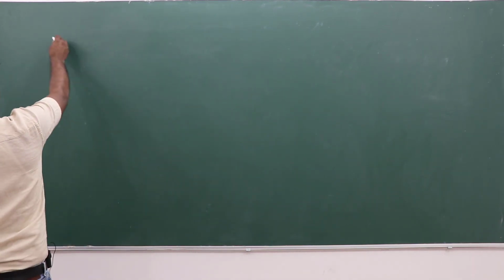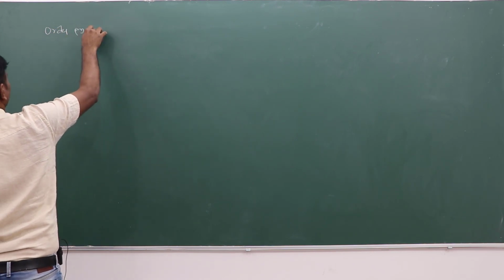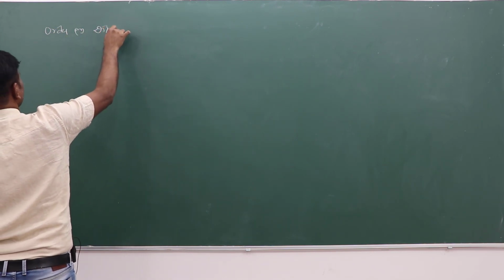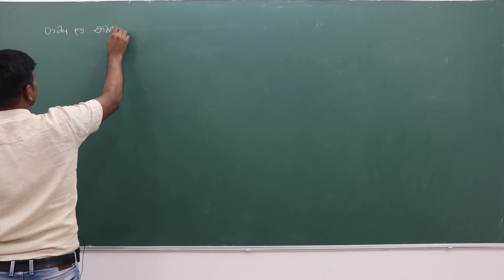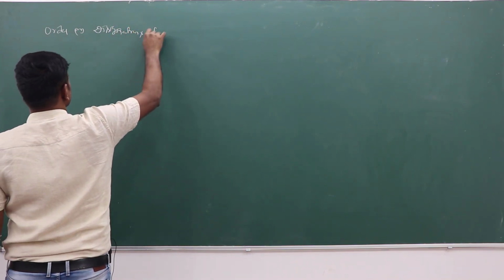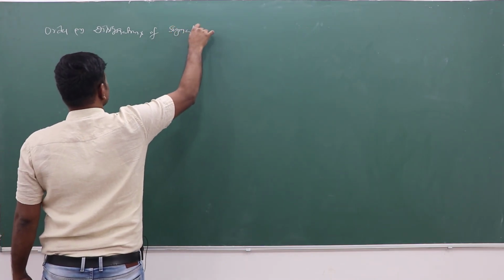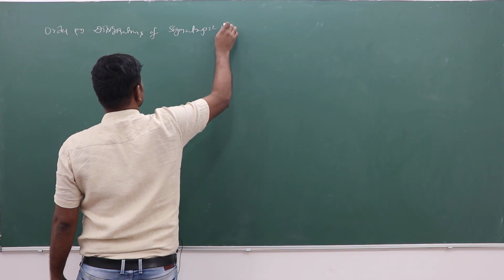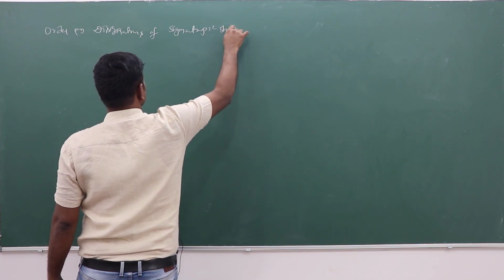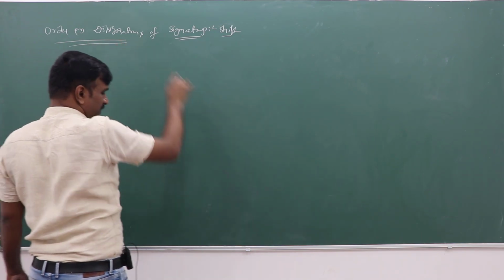Then, order or designations. How can you show the sigmatropic shift? The order or designation of the sigmatropic shift, how can you represent that?